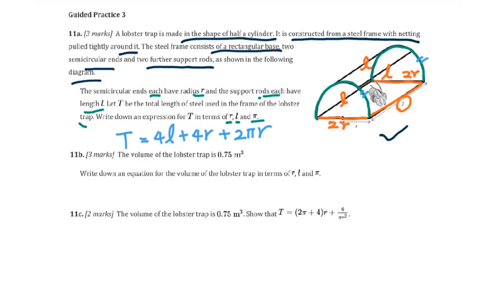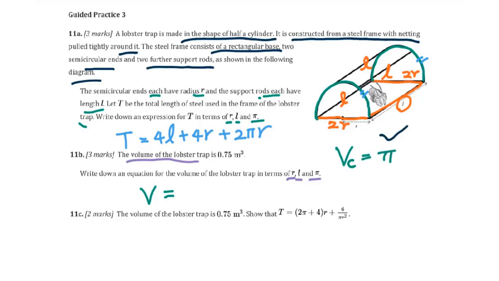Look at the 11b. The volume of a lobster trap is 0.75 meter cubed. Write down an equation for the volume of a lobster trap in terms of r, L, and pi. We know the volume equals 1/2 of a cylinder. And for the cylinder, I use Vc to stand for the volume of a cylinder.